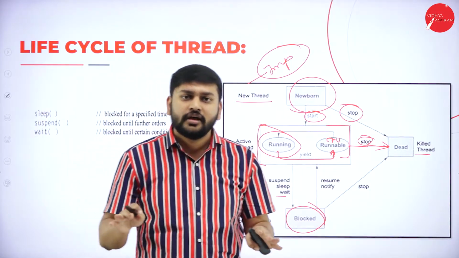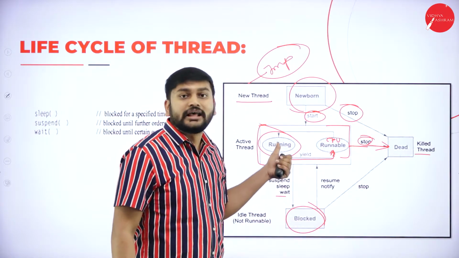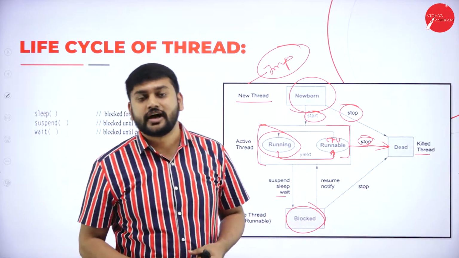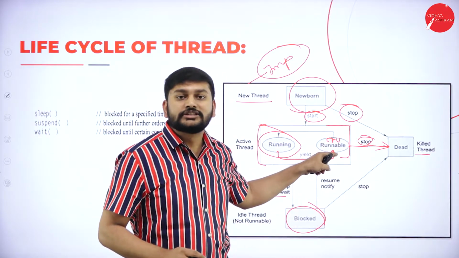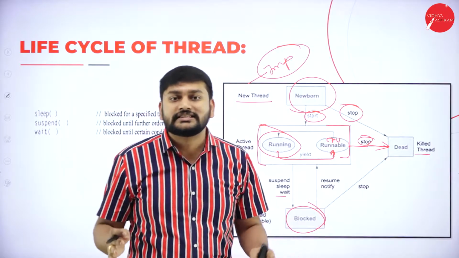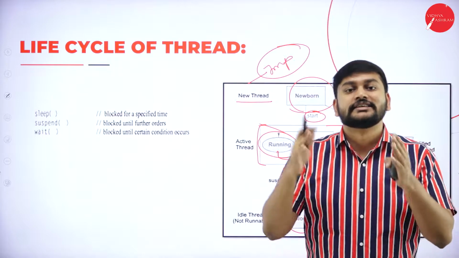Once it is done, from the block state it will resume back and go back to the running state. It is again waiting for the processor in the queue. Once it gets the processor, it will go to the runnable state, execute, finish off its job and then move back to the dead state. This is how the life cycle of threads happens.